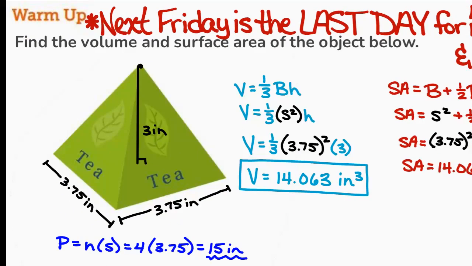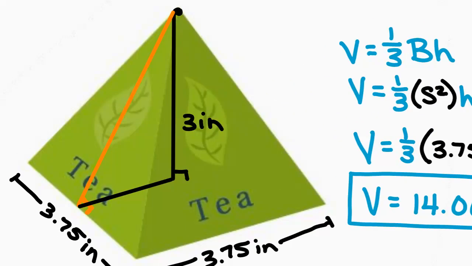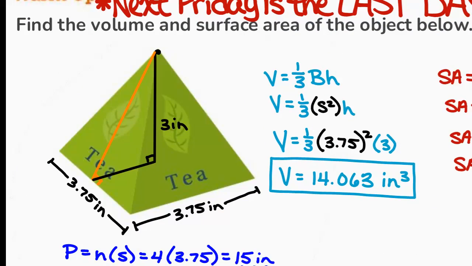And then we need our slant height. The slant height would come down one of the lateral faces. It would make a right angle with the base edge there. And it would make a right triangle with the height or with the altitude of this. Do we have the ability to find the slant height? Yes.